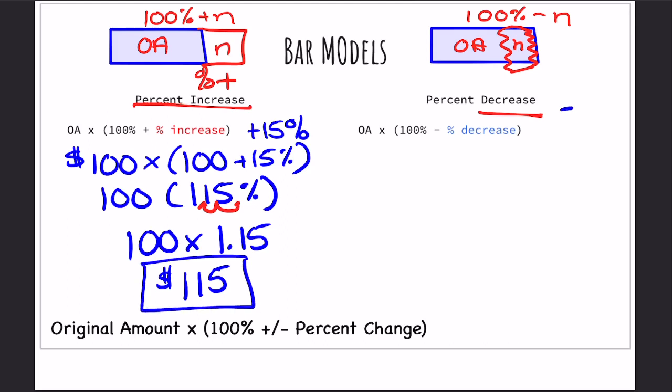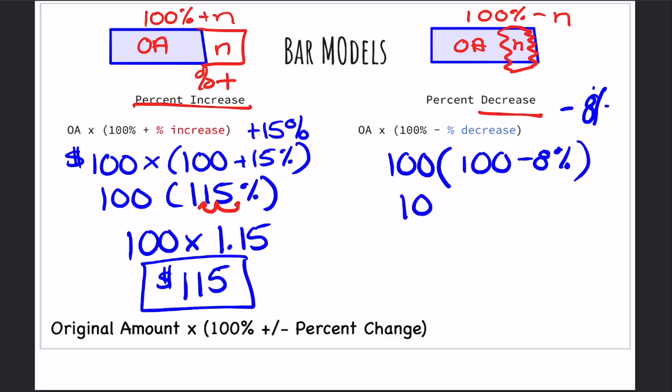So let's try it and pretend it was a decrease. Let's say it goes down 8%. We're going to do the same thing. We have our $100 and we're going to multiply it by 100 minus 8%. Again, you don't always have to do that step. You could just go right in and do in your head 92%.